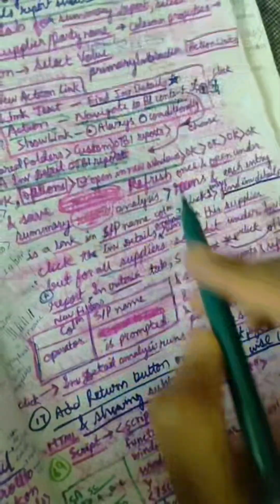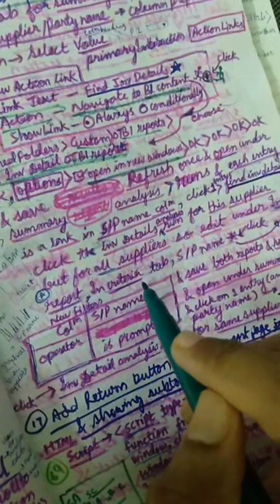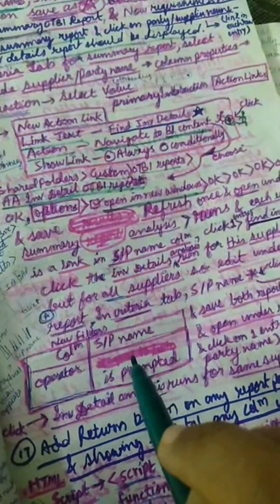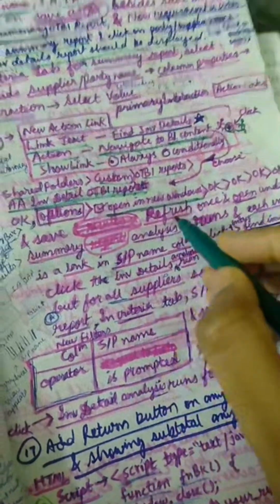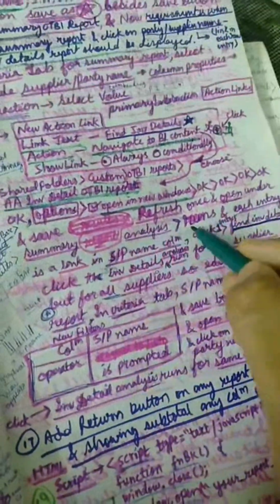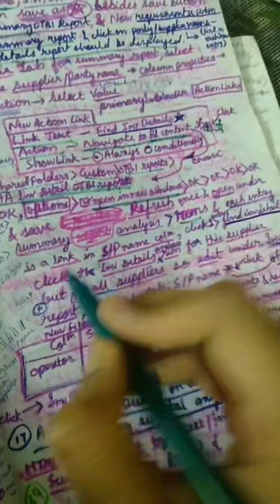Okay, now this is done. Now the next step is that I will first do a refresh once and we'll open the summary analysis. It runs, then each entry is a link.